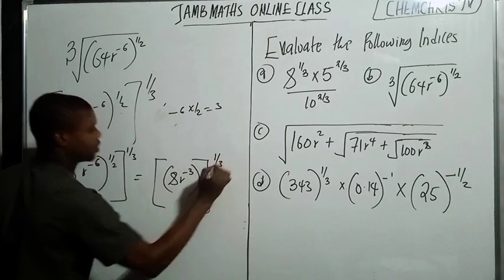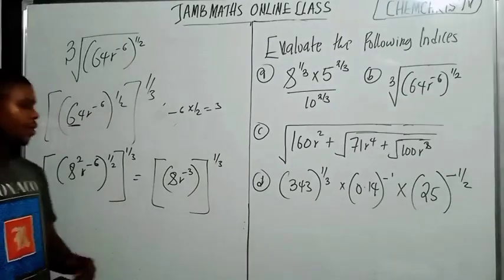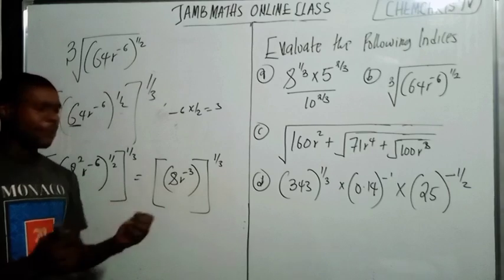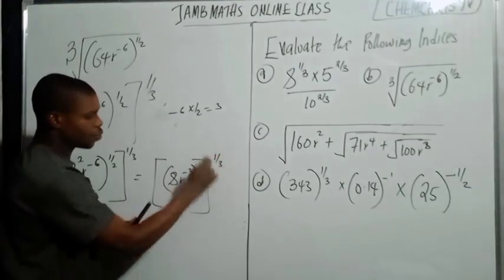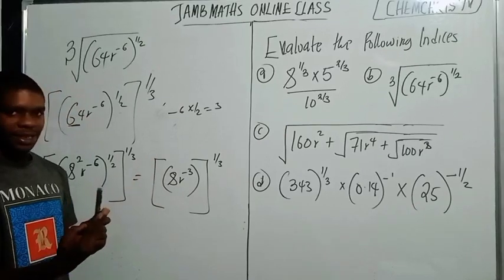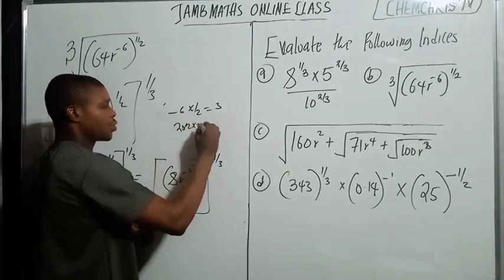1 over 3. So you have to take it step by step. Now what are you going to do again? Now remember, this 8, because of this power here. Now, what can I multiply 3 times to give me 8? It's going to be 2, because 2 times 2 times 2 is 8.